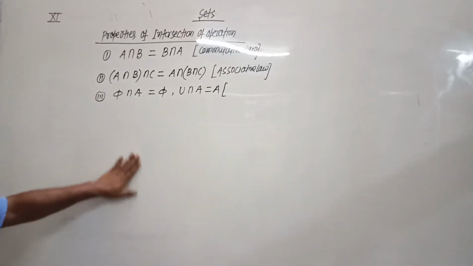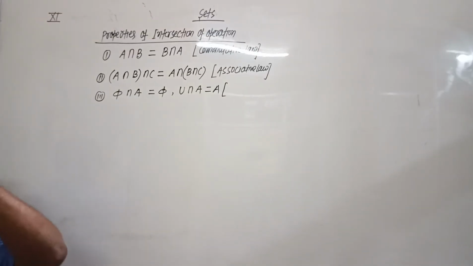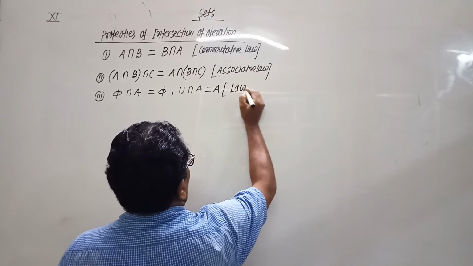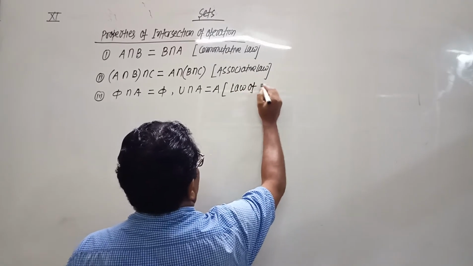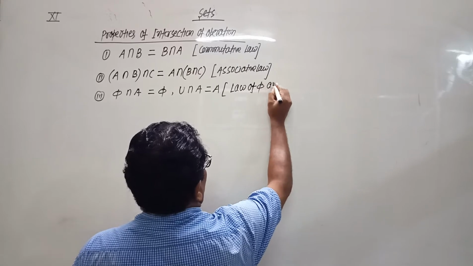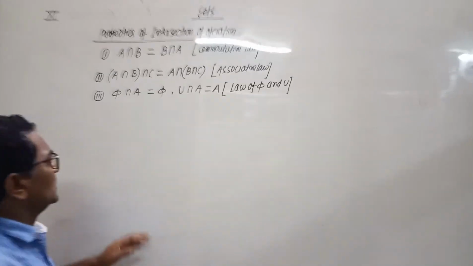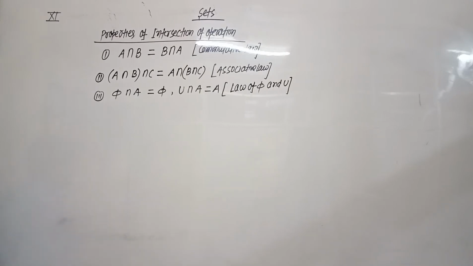This is called law of phi and U. Law of phi means empty set and U means universal set. Phi intersection A equals phi and U intersection A equals A.